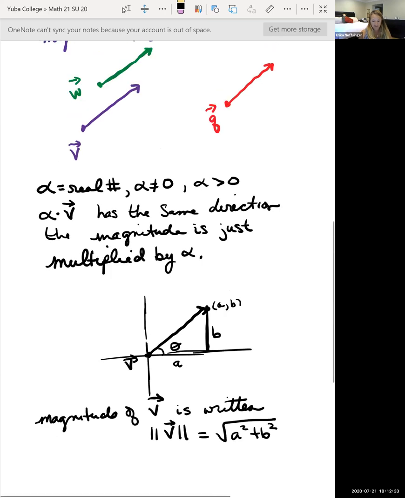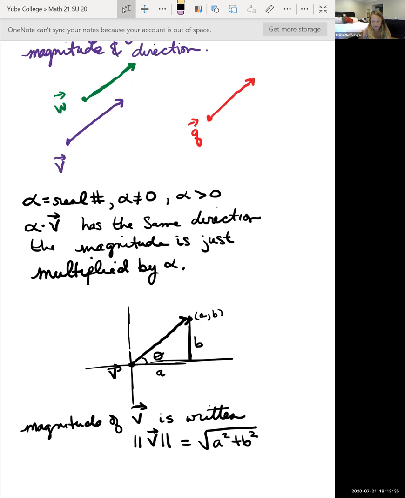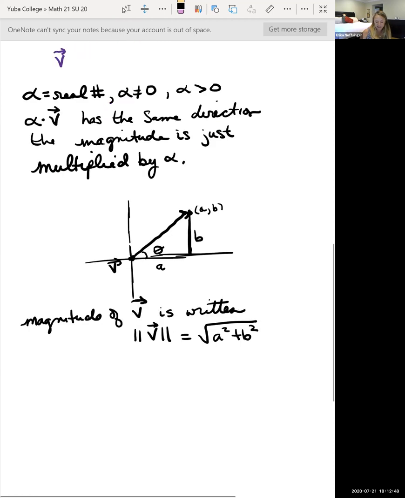Guess how you find theta? Well, if we know a point, the terminal point, and our initial point is at the origin, and we have opposite and adjacent, that is tangent.